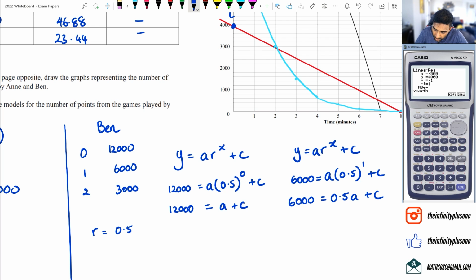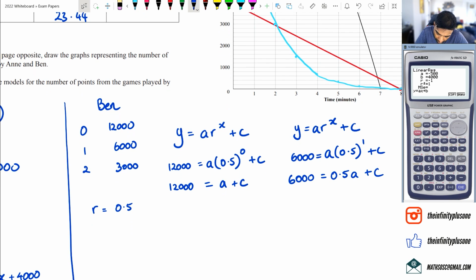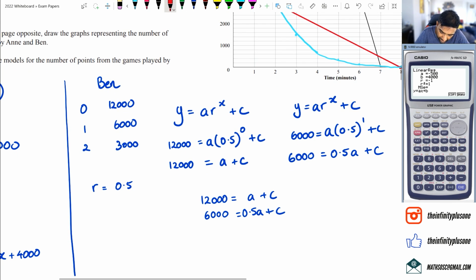Now we've got these two equations and I'm going to stack them on top of each other. So I've got 12,000 equals a plus c. I've got 6,000 equals 0.5a plus c. And I'm going to subtract everything. So 12,000 minus 6,000, a minus 0.5a, and c minus c.